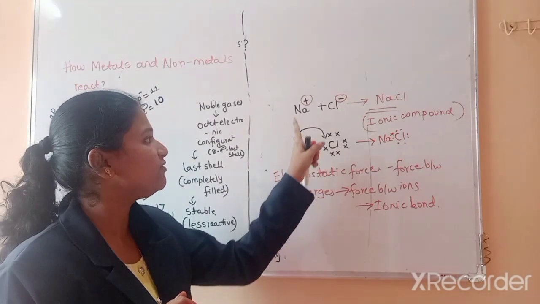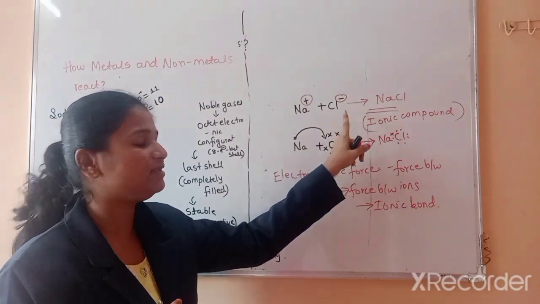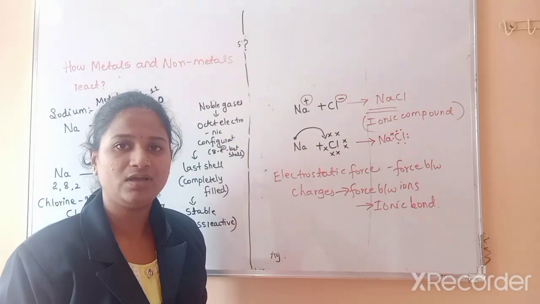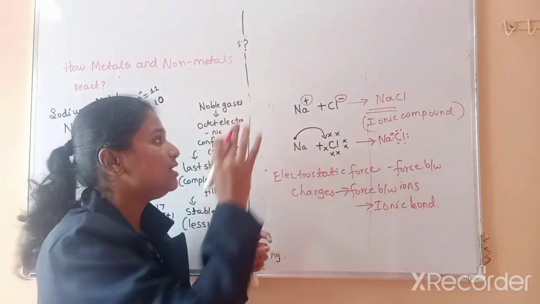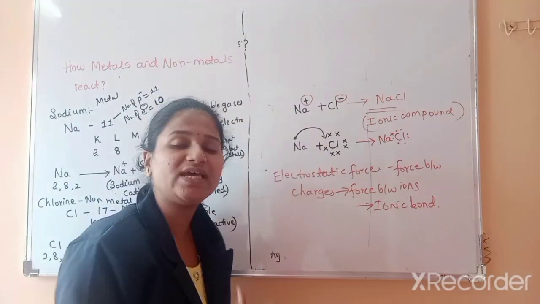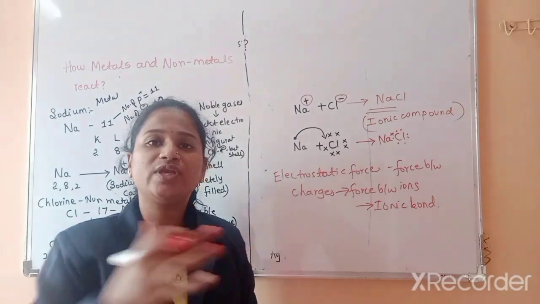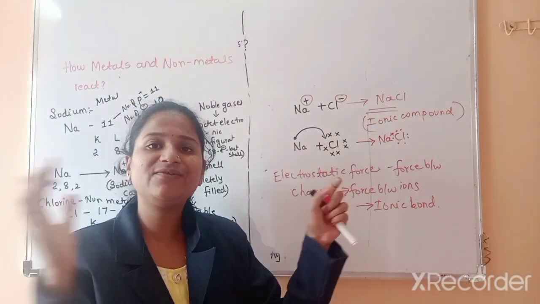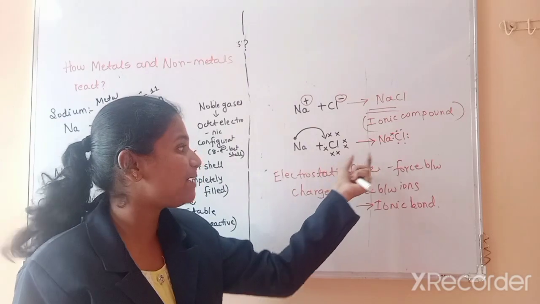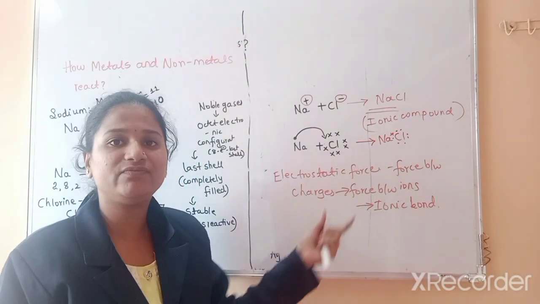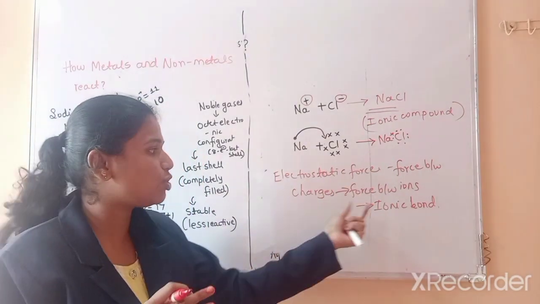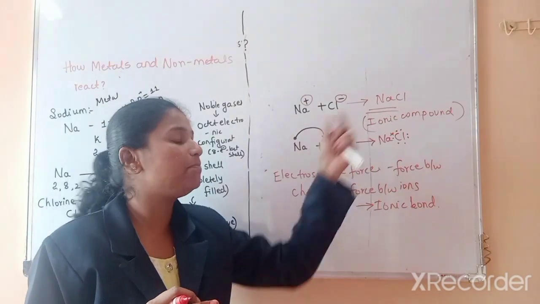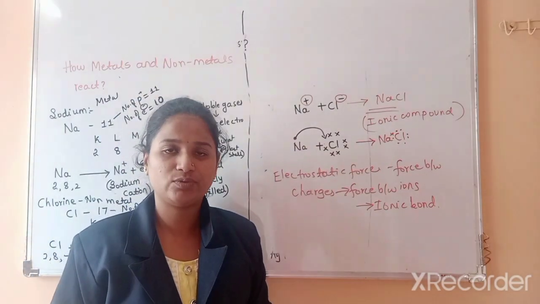That is the bond between the positive cation and the anion. How does it occur? Some metals want to lose electrons, non-metals want to gain electrons. So this give and take relation forms a bond between the two of them, which is called an ionic bond. Such compounds are called ionic compounds.